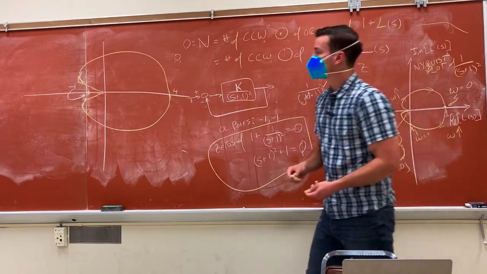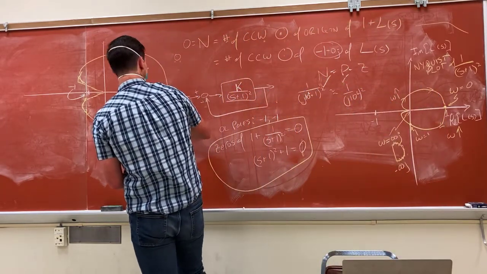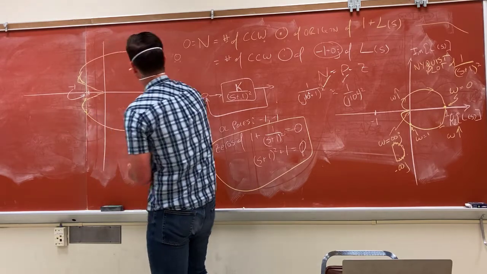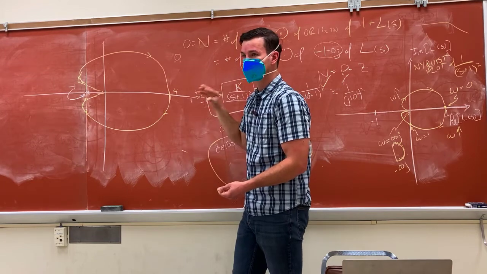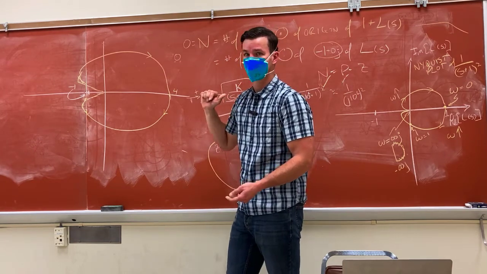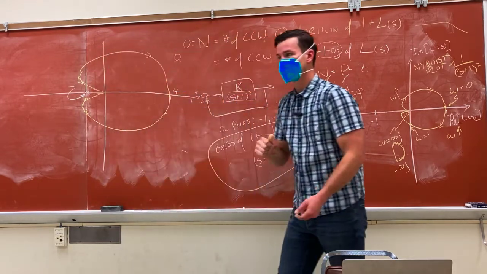Okay. So if I were to rotate this about the origin, could I get a negative 1 encirclement? For sure. Right about here. Yeah?